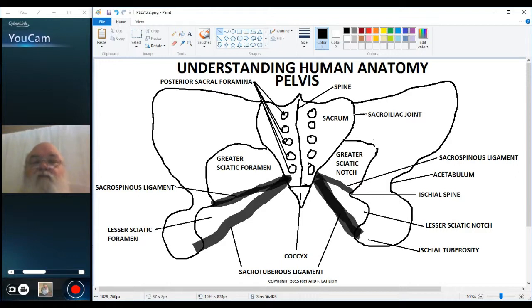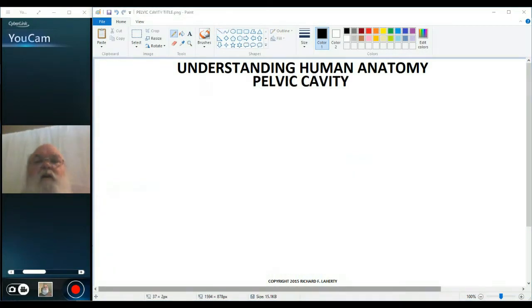Now, in the next slide, I'd like to look at the articulated pelvis from a superior position. Now, I'm going to start by sketching in the sacrum.